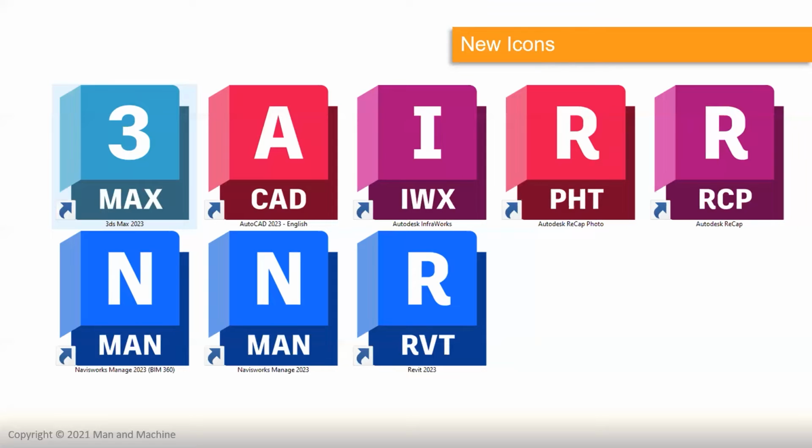Also, the splash screens that you get when you're launching your application have all been updated as well. So there is a new look and feel to pretty much all the Autodesk software in the 2023 range. As a heavy Revit user myself, that'll make launching the correct version of Revit on the computer very easy. I'll be curious to see what happens next year as to whether they change the icons again or stick with this on a year-by-year basis for the time being. But it's certainly going to make launching Revit 2023 a lot easier.